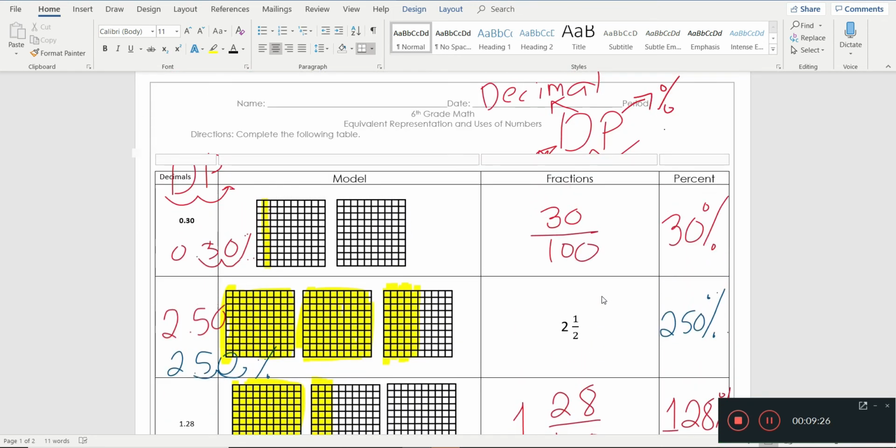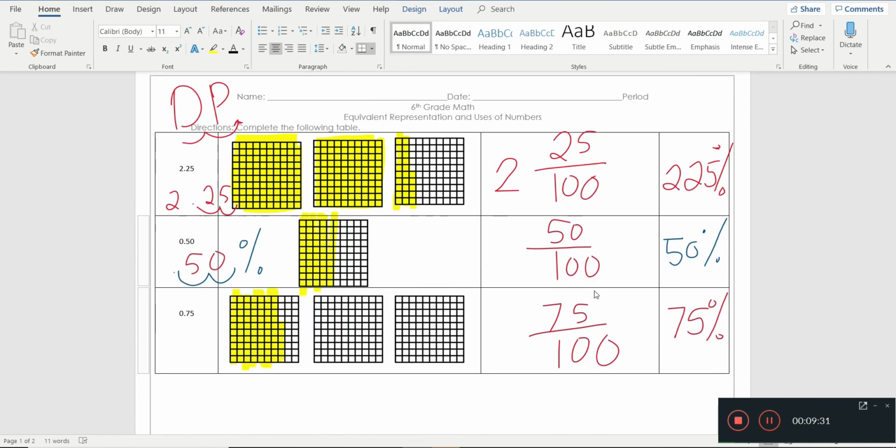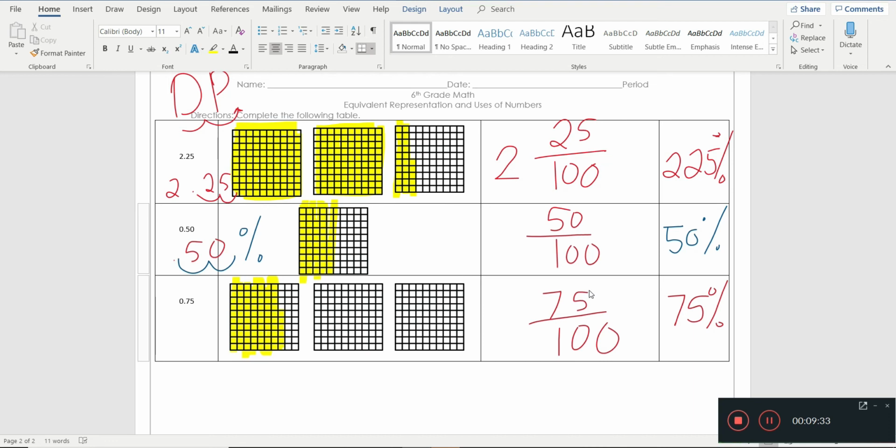So I hope this is helpful in terms of understanding it, especially the modeling will help you to figure out how you convert one kind of number, percent to decimal, or decimal to fraction, or decimal to percent.